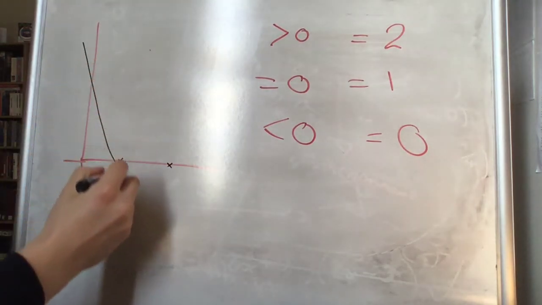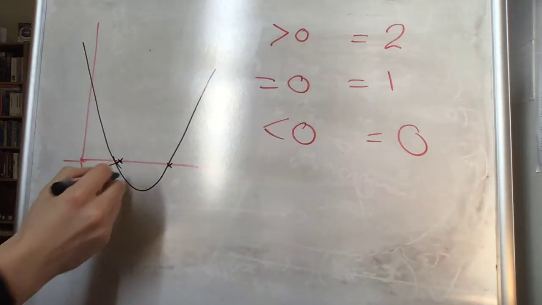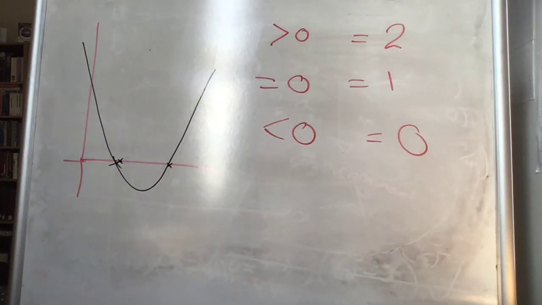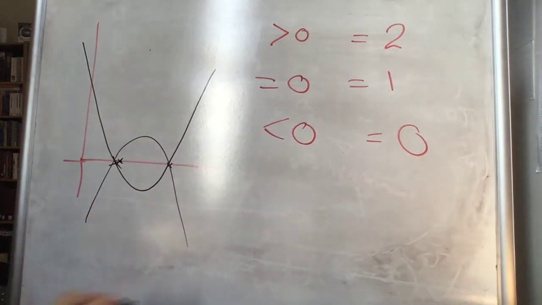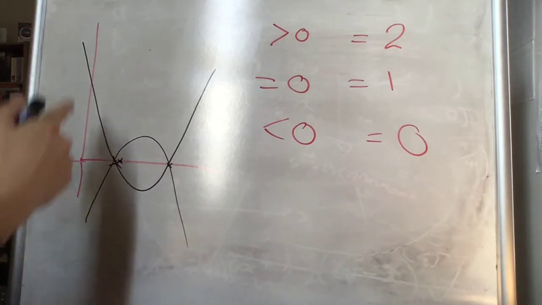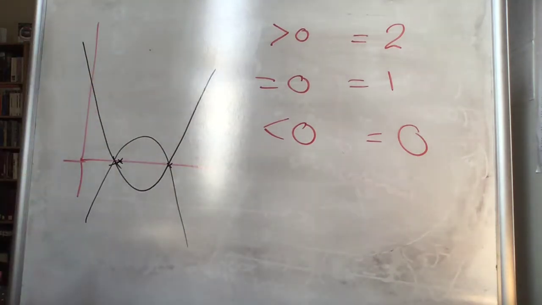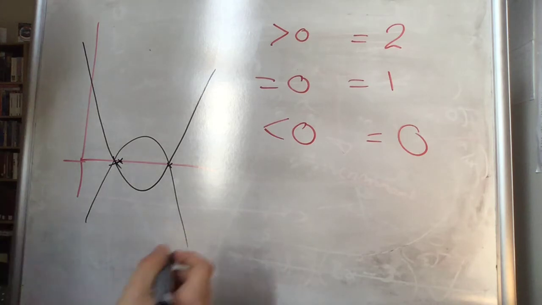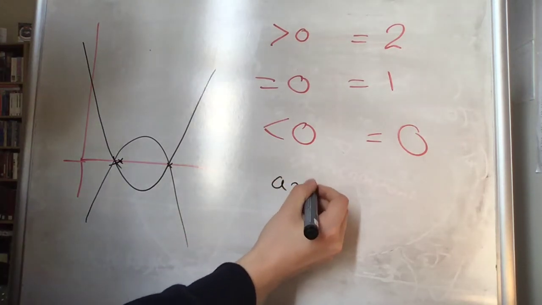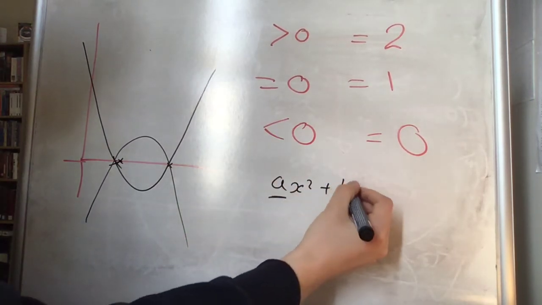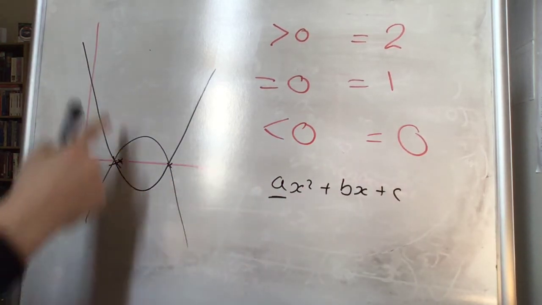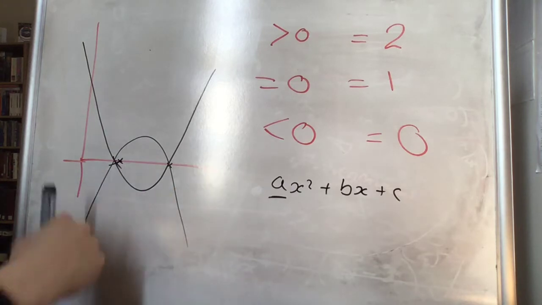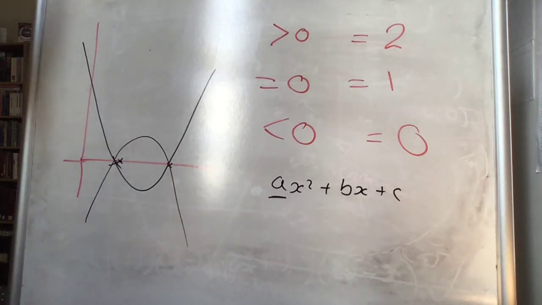And so therefore, it's going to look a little bit like that. Obviously it could also be two distinct roots, but the other way around as well. So it crosses over whether it's like a U shape or sad face, and obviously that depends on the coefficient of ax squared. So if we've got ax squared plus bx plus c, if that is positive, then it's going to be like a U shape. If that is negative, it's going to be like a sad face.